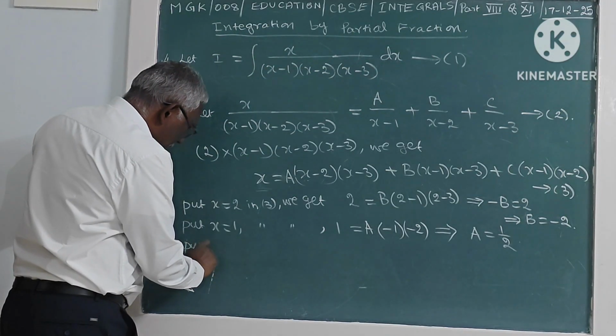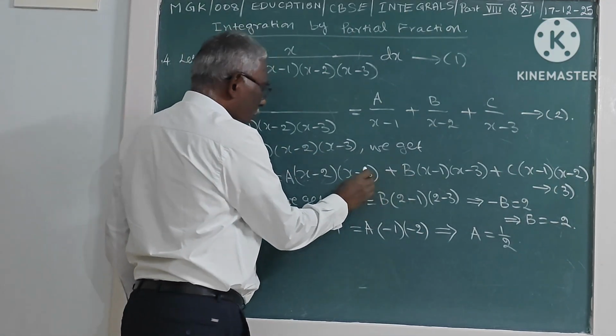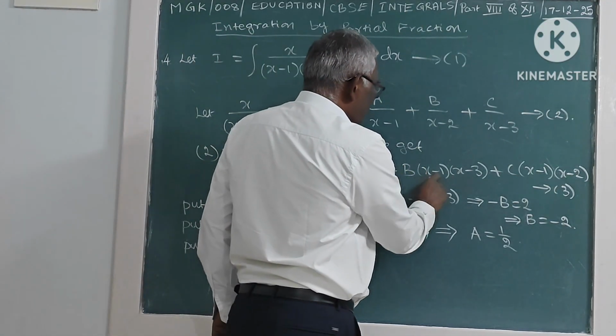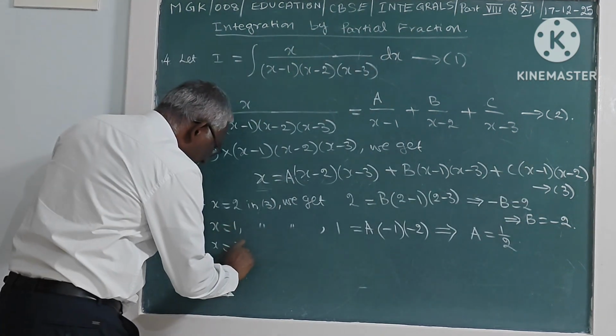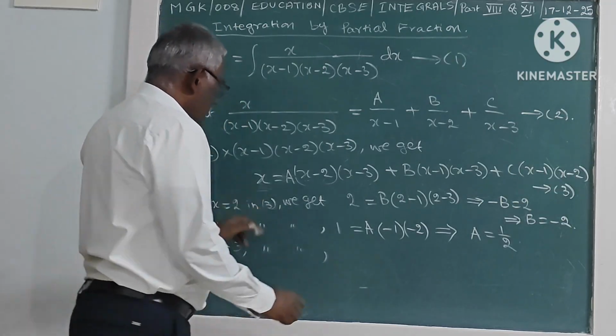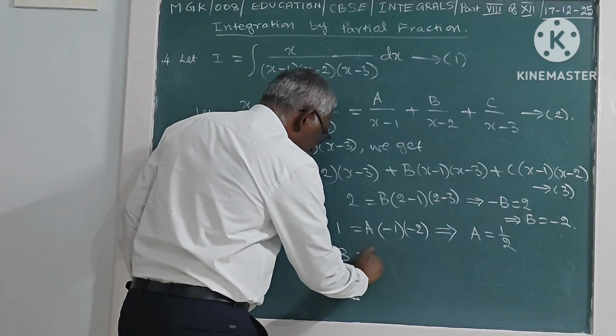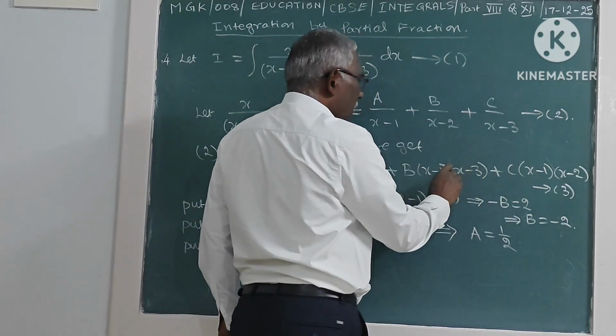Now again, we can put x is 3. Once you put 3, these two terms will become 0, we'll get the value of c. So put x is 3, this will become 0, 3 minus 3, this also will become 0.